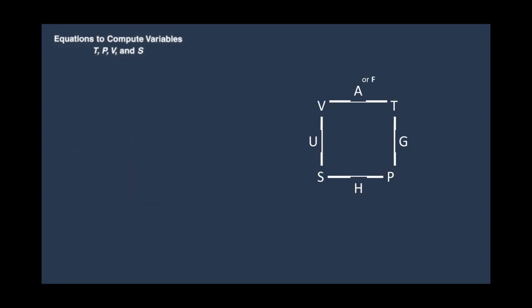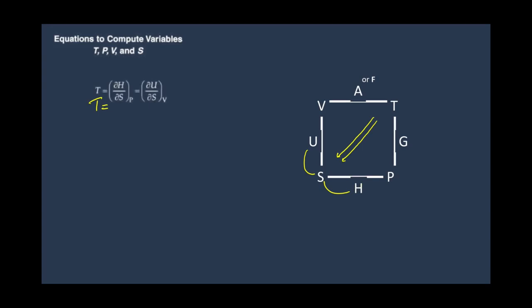So first we will start with T. T is equal to, so we have to put equal to like this. Since you are going down, it is positive, and like this. You'll understand in a minute.